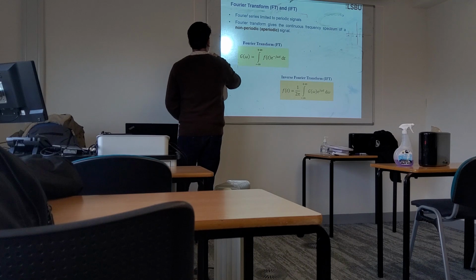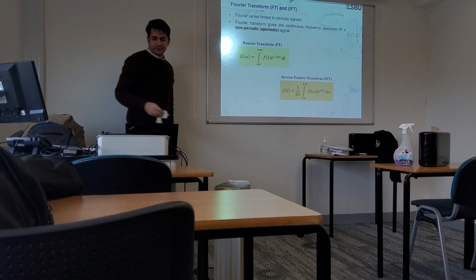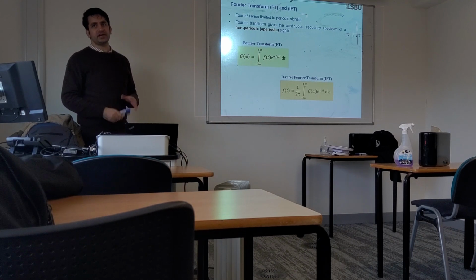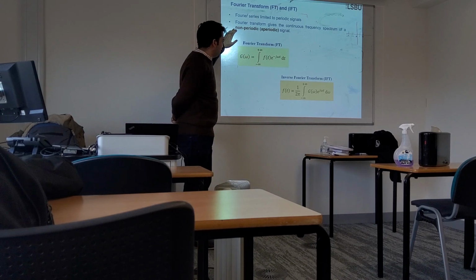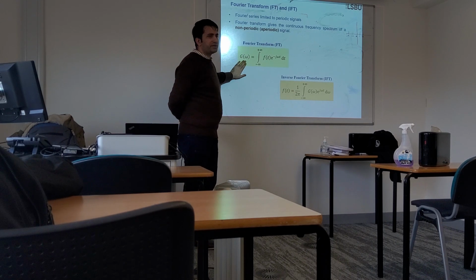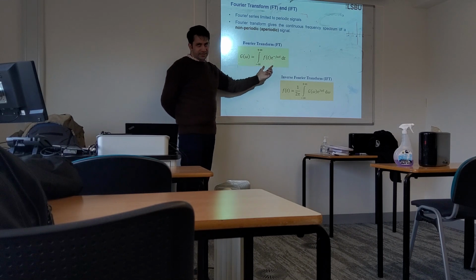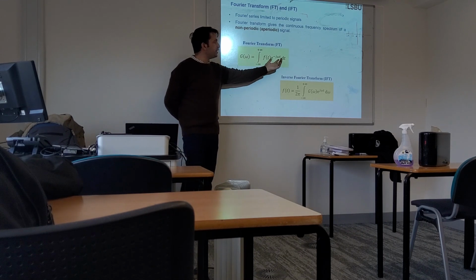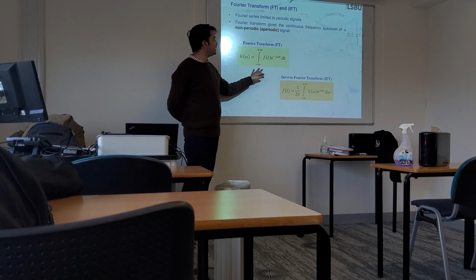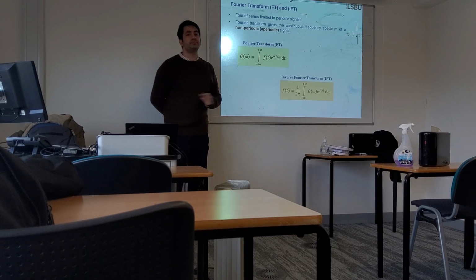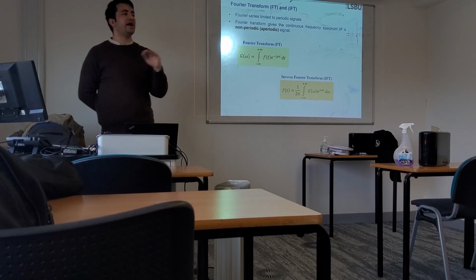Okay. First thing is Fourier transform is for aperiodic signals or non-periodic signals, and this is quite easy. If you want to find a Fourier transform, we just need to take the signal, multiply it with e power minus j omega t, and integrate between minus infinity to plus infinity. There is no pi to minus pi.